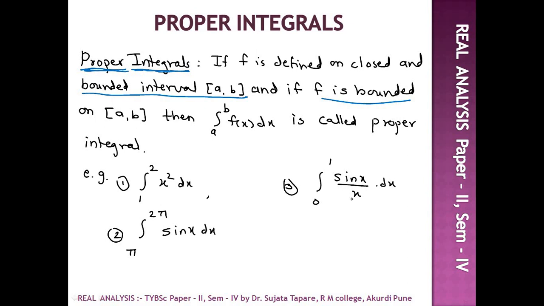Next one, sin x by x. When x tends to 0, sin x by x tends to 1. So, it is bounded on closed interval [0,1]. Next one, sin x, this function is also bounded and limits are also finite. So, these are examples of proper integral.